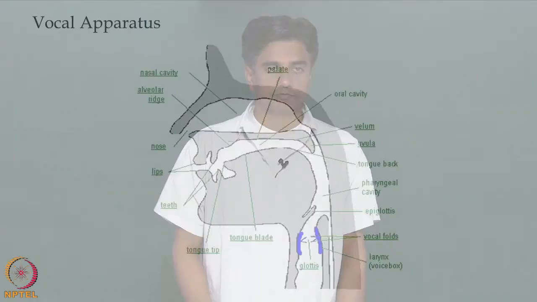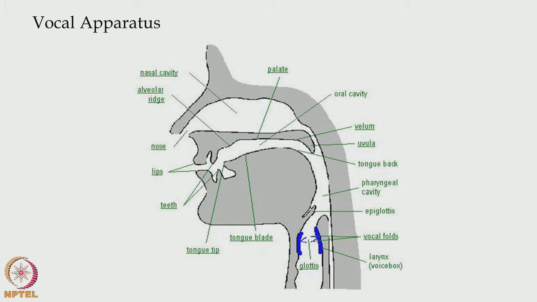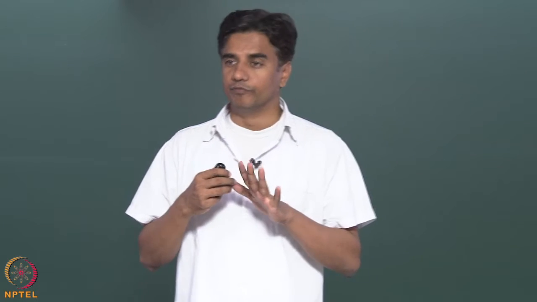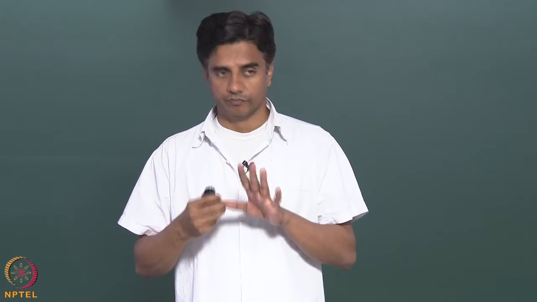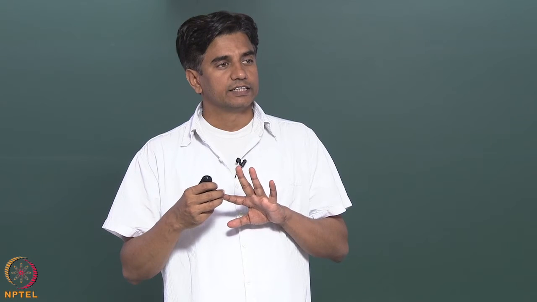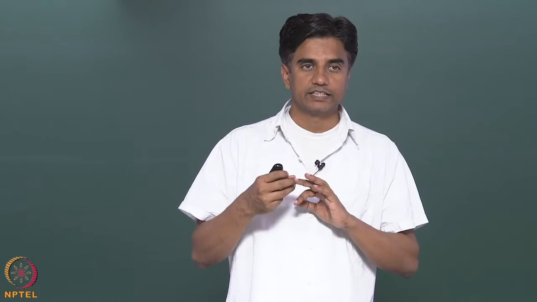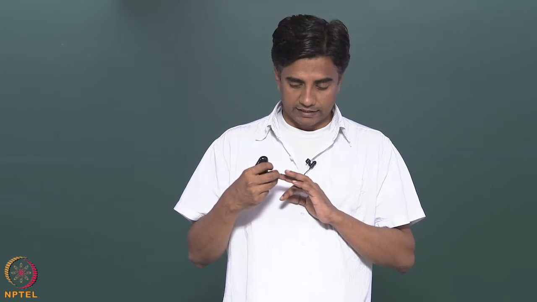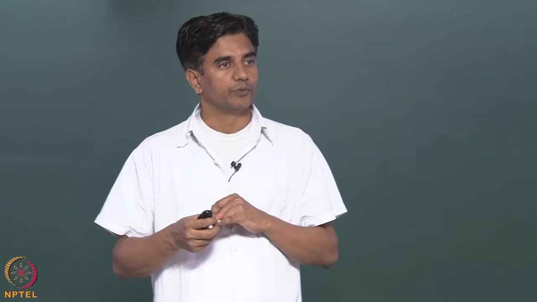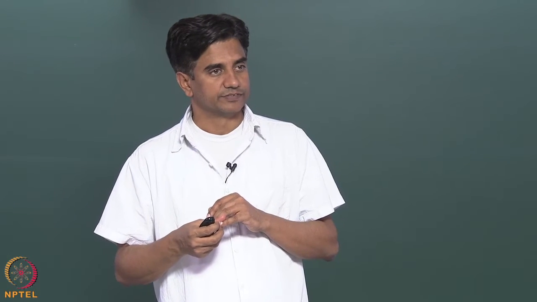Then we carefully started looking at some of these places where we have seen 5 different places of articulation so far, namely velum, from where we get velar sounds, palate, from where we get palatal sounds, teeth, we get dental sound, and lips, we get bilabial sounds, right?